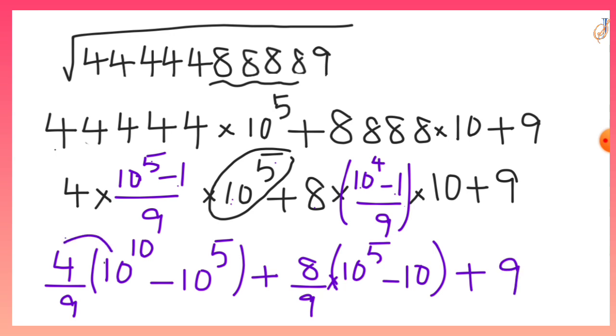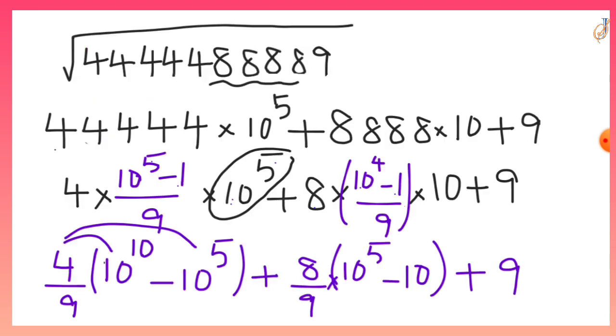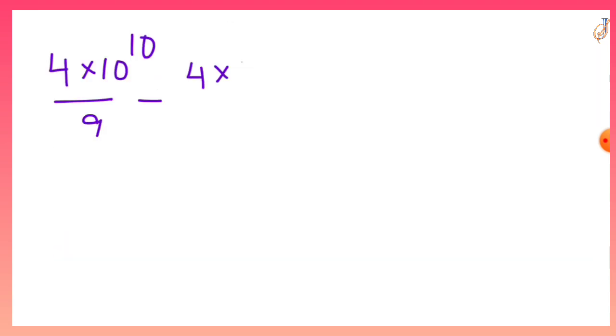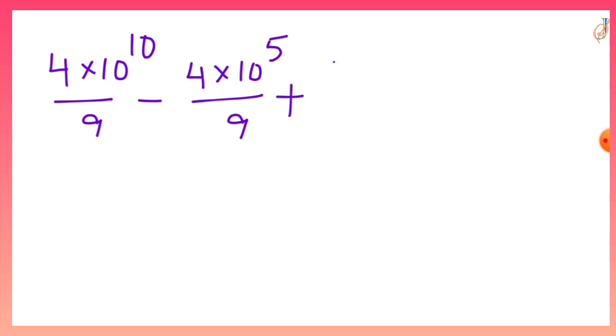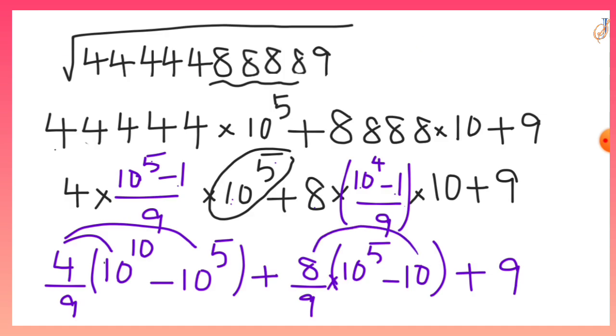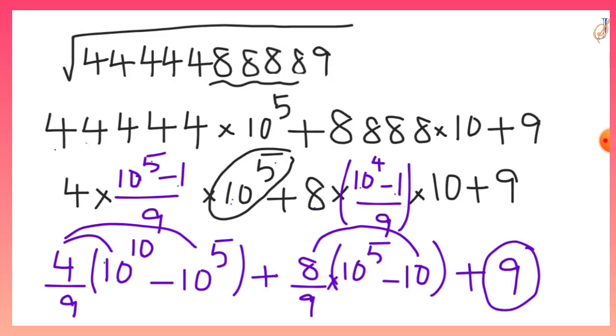Now expand these terms. 4 times 10 power 10 over 9 minus 4 times 10 power 5 over 9 plus 8 times 10 power 5 over 9 minus 8 times 10, 80 over 9, plus here we have only 9, so just take only 9.